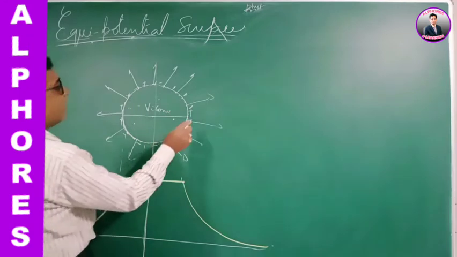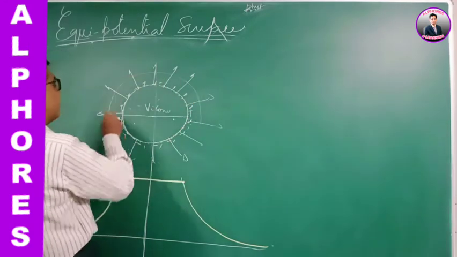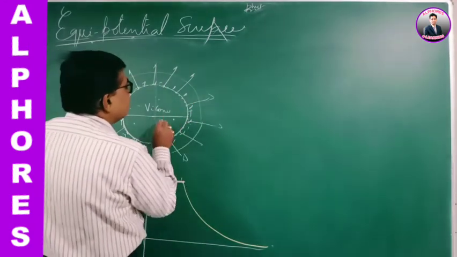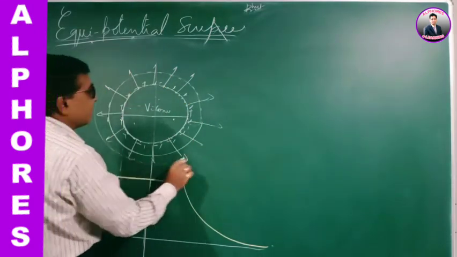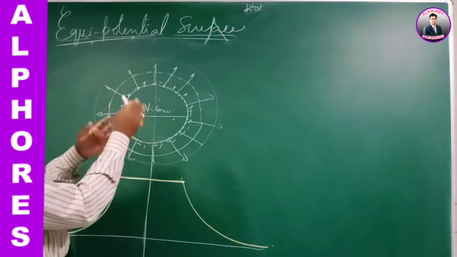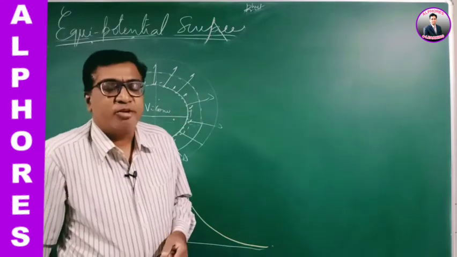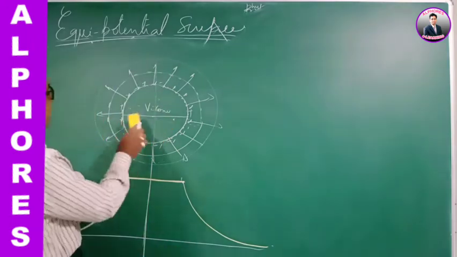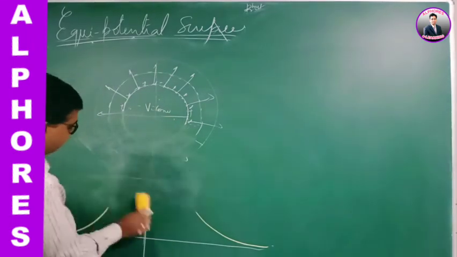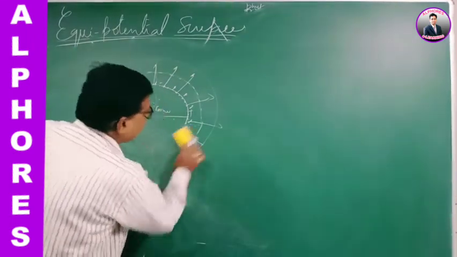Now if I take a concentric sphere around it at some distance, then at all the points the potential is the same. For the family of concentric spheres, the potential is a constant. Equipotential surfaces for a metal conductor are defined in this form.